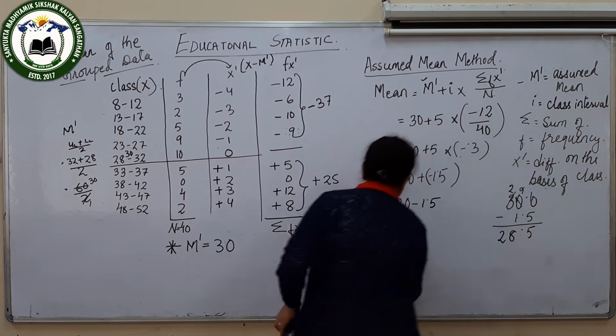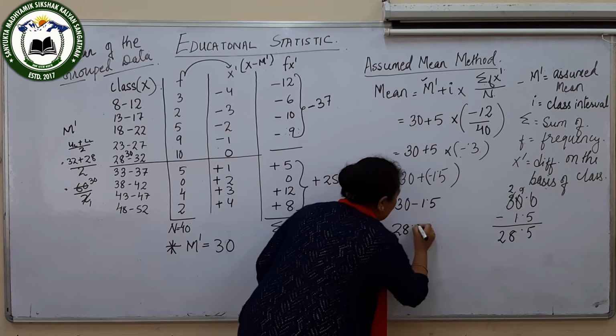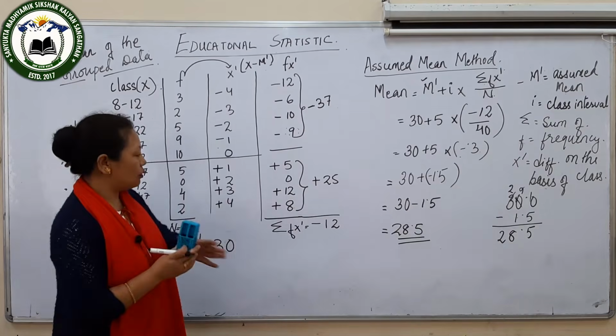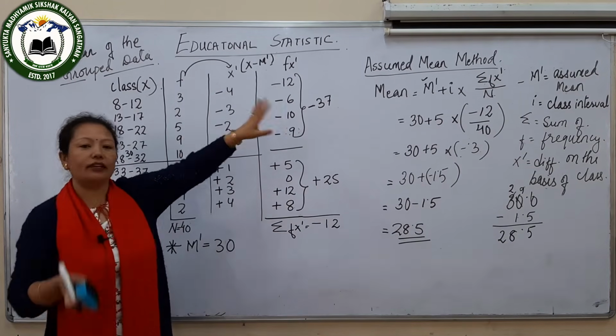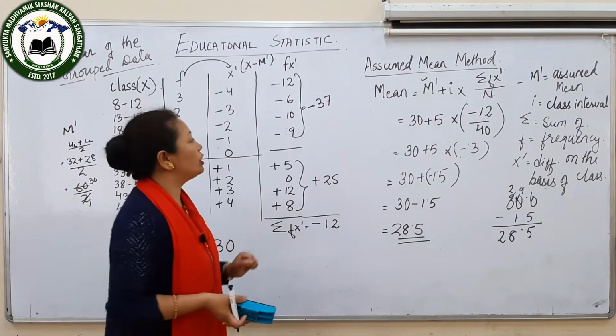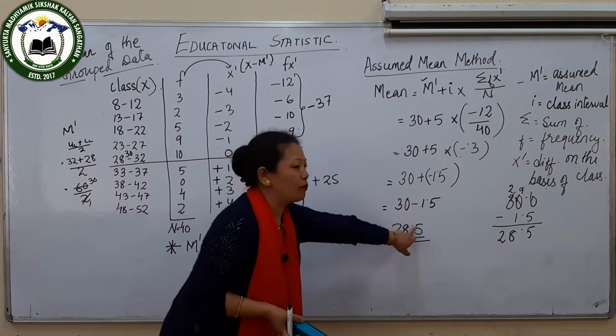So, in this case too, our answer is 28.5. Okay, but we got the similar answer in the first one also, that is in the individual score, and over here too we got the same answer, that is 28.5.